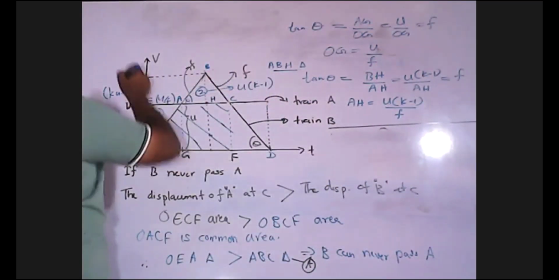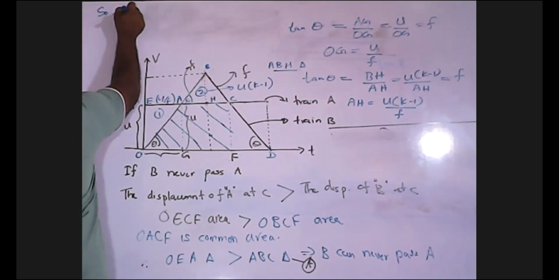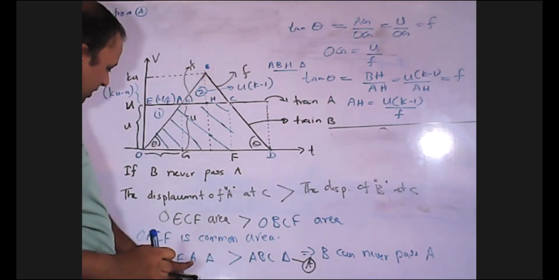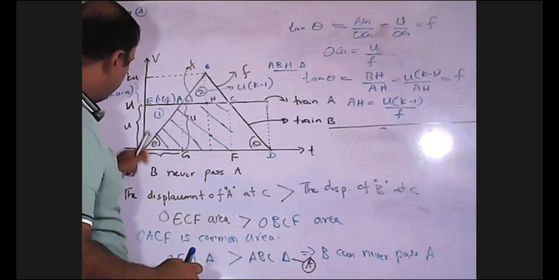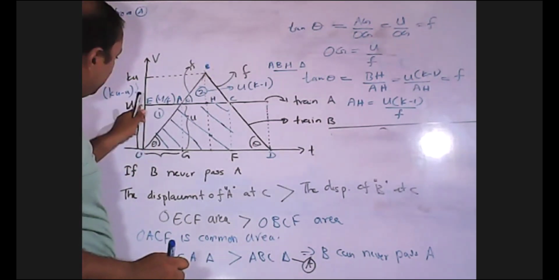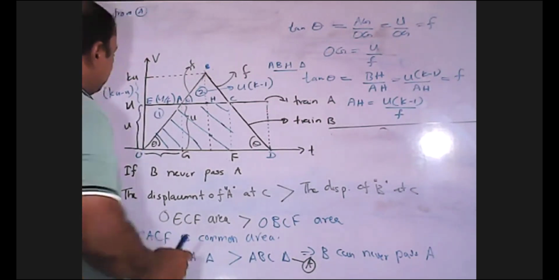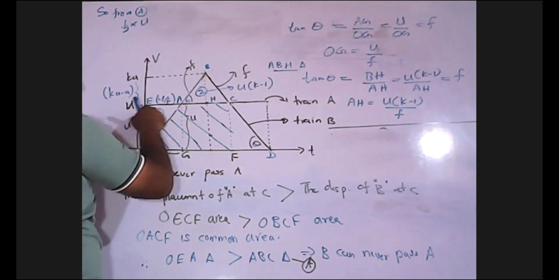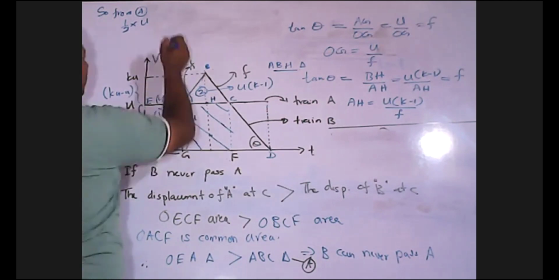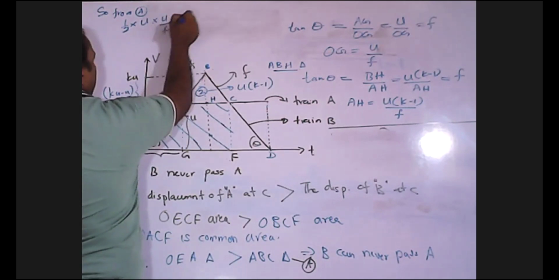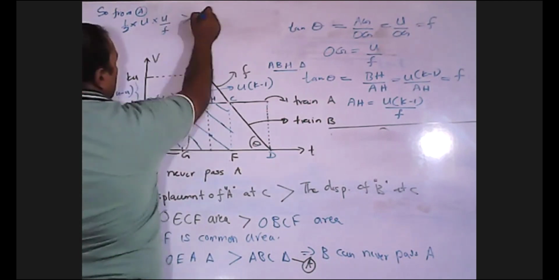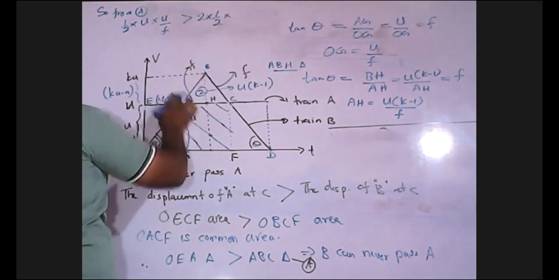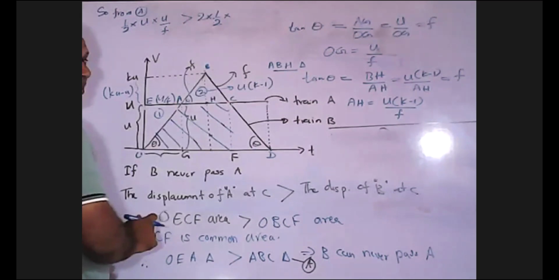The area of the OEA triangle is half into height into base. Height is U, base is U over F. U over F is greater than 2 times half into the ABH triangle.